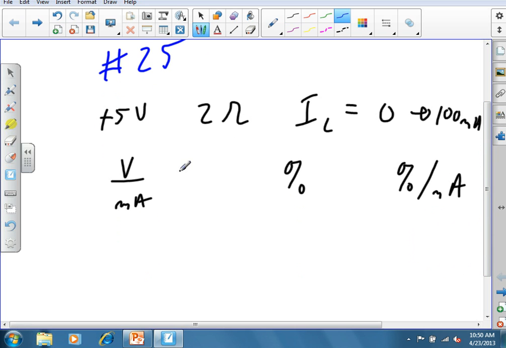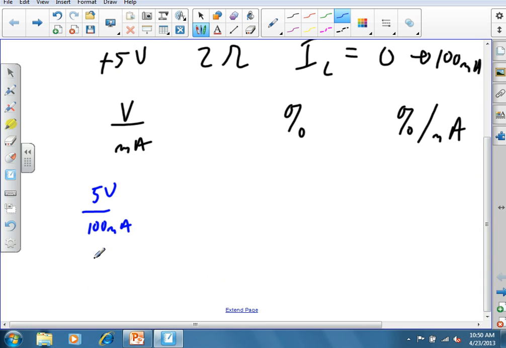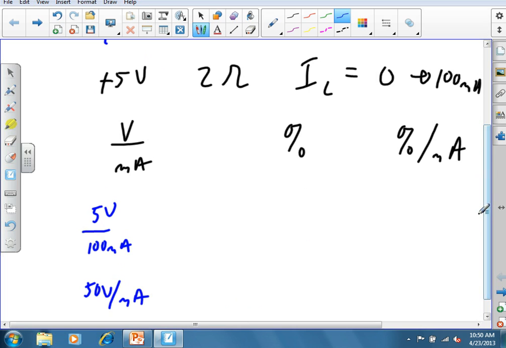All right, well, I guess we'll do the volts per milliamp first. 5 volts per 100 milliamps. Should we change that? 50 volts per milliamp. All right. Then we want to do it in percentage.